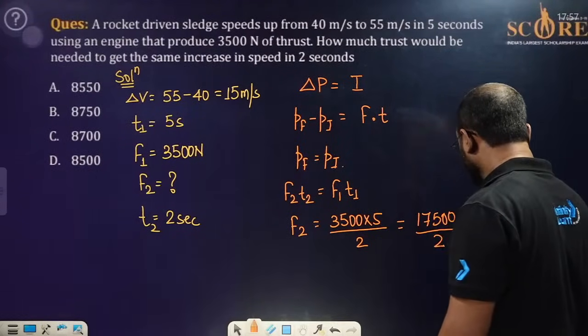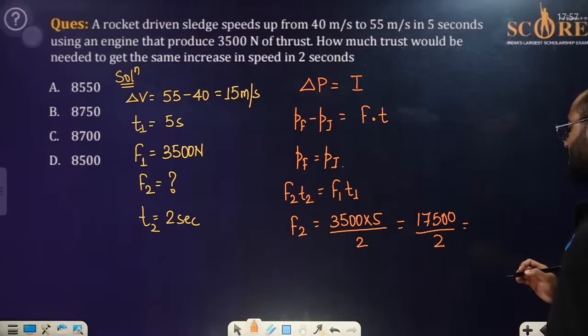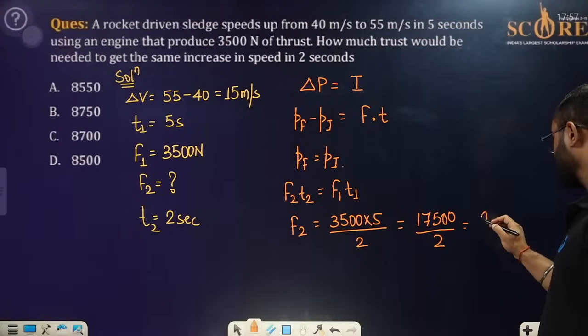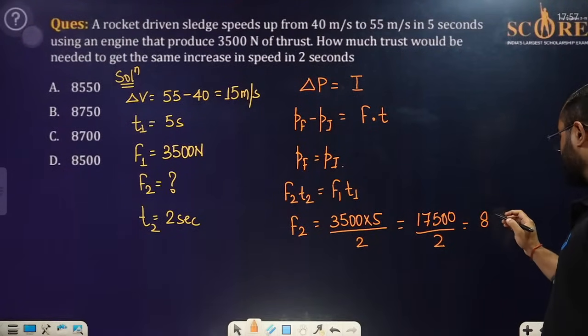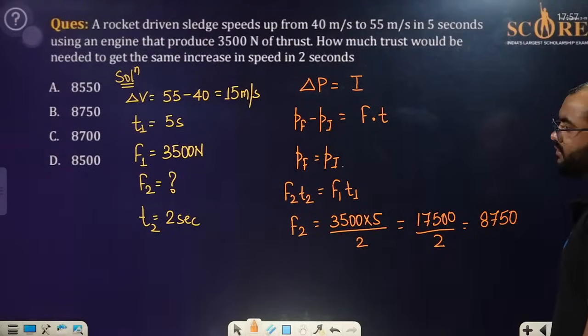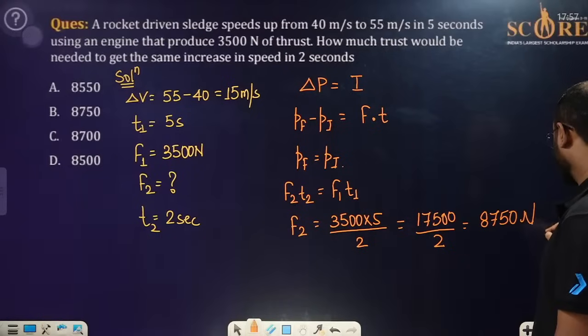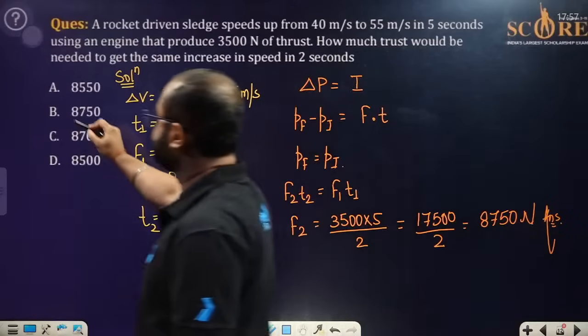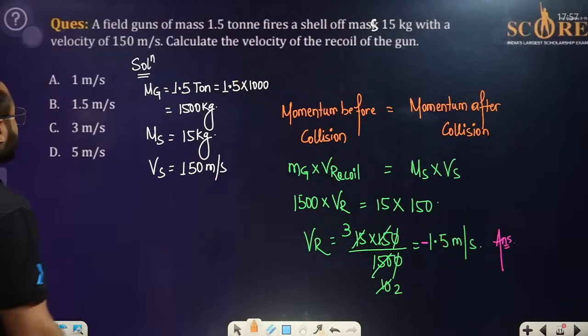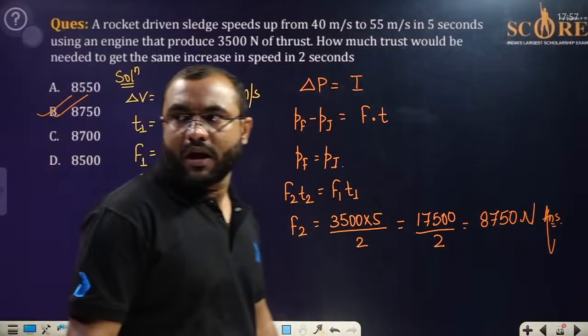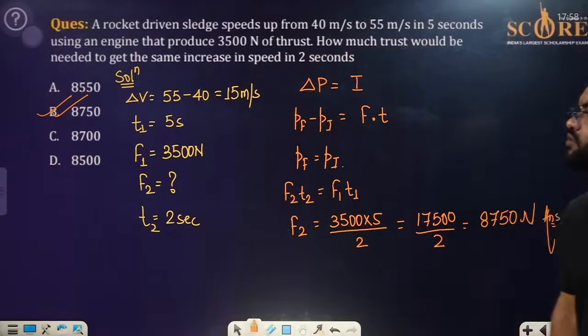Divided by 2, the answer is 8750. So 8750 Newton will be the answer. Option B will be the correct answer. I hope it is understandable and you have understood this much.